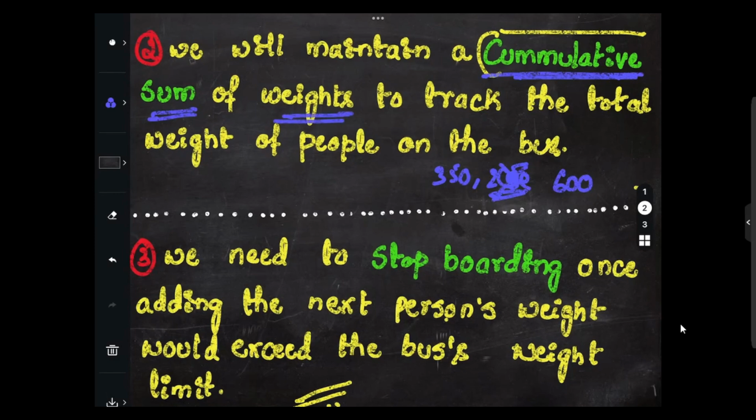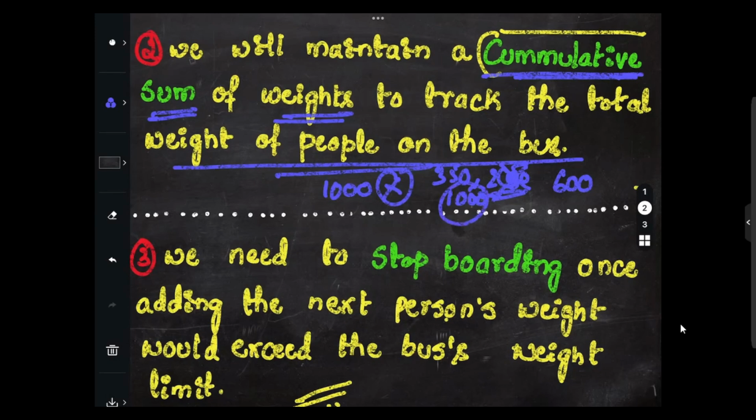Why? Because we have to track the total weight of the people on the bus. When it exceeds 1000, we need to ignore that person. So we need to find the last person whose weight is equal to or less than 1000.